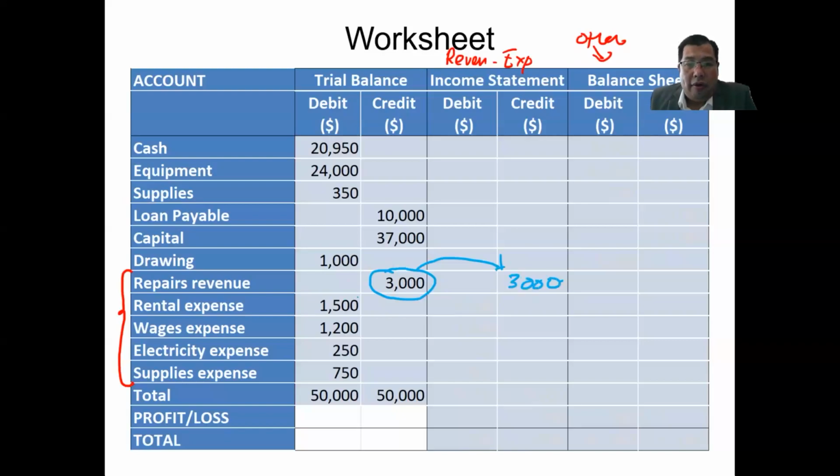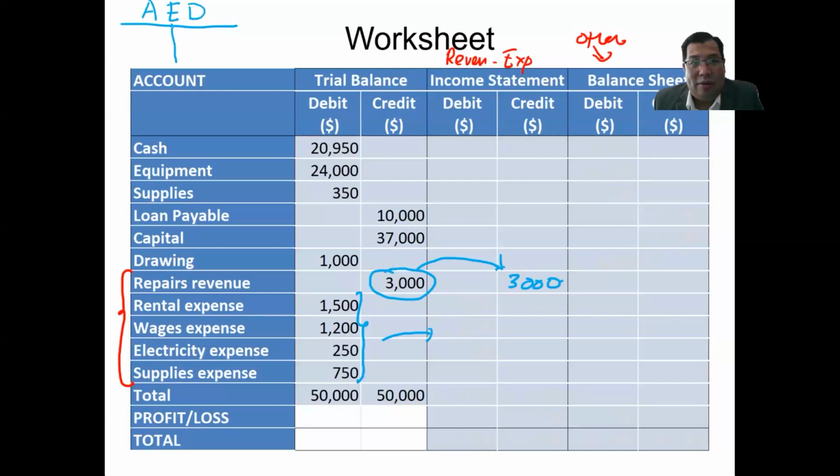And for all expenses, luckily we have organized our trial balance nicely. Otherwise, if electricity were on top, it would be quite difficult; you would need to identify them one by one. So in this case, all these expenses I'm going to transfer to the income statement, on the debit side. Always remember this formula: assets, expenses, drawing, the plus is on the debit side.